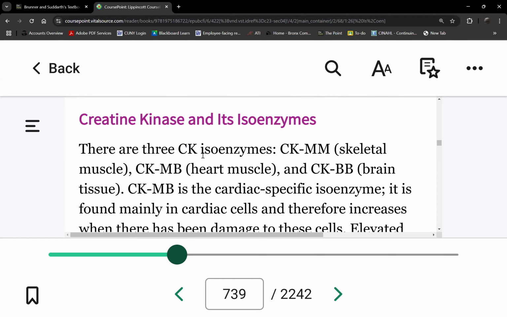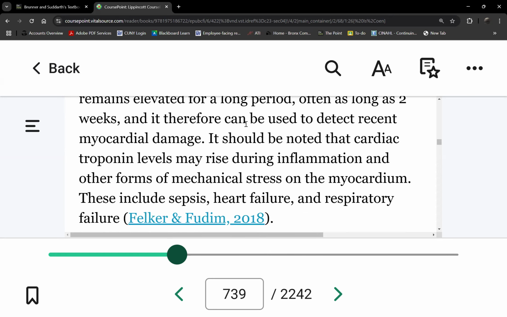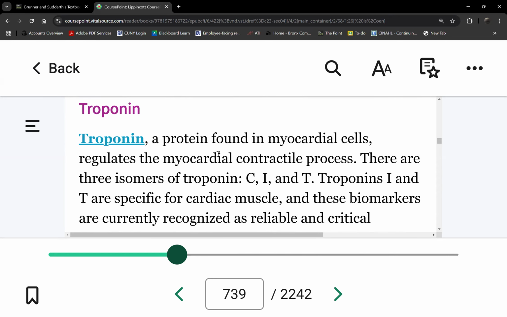So let's say the patient had cardiac arrest during the MI, and the staff performed chest compressions, that can raise the CK level. Any skeletal muscle injury can cause CK to rise, unlike troponin, which is not seen in skeletal muscles. So a rise in troponin only means injury to where? Cardiac muscle only, because only cardiac muscle releases troponin.